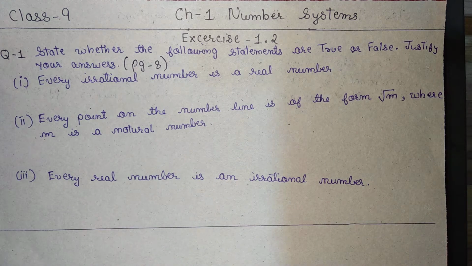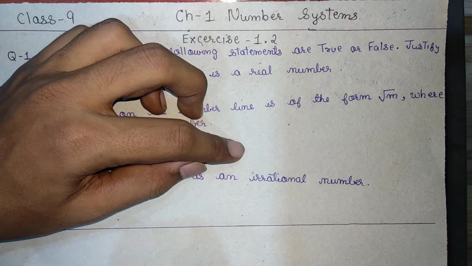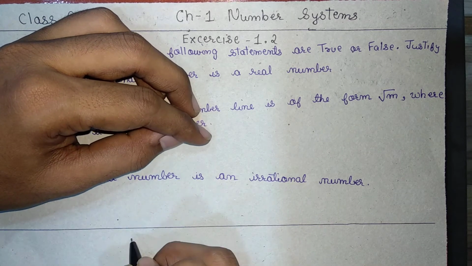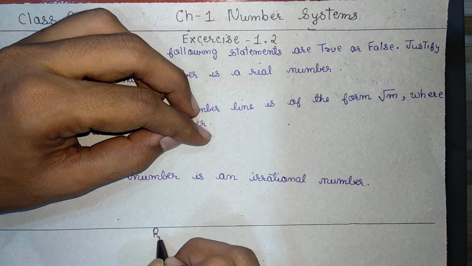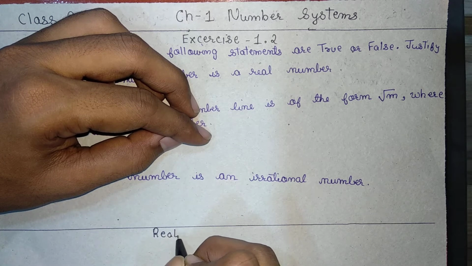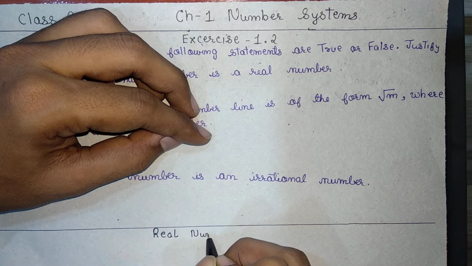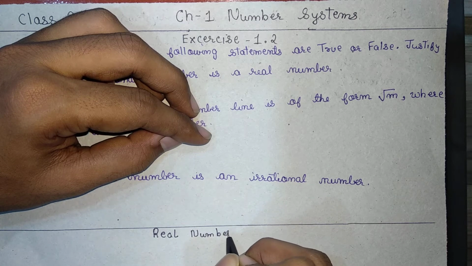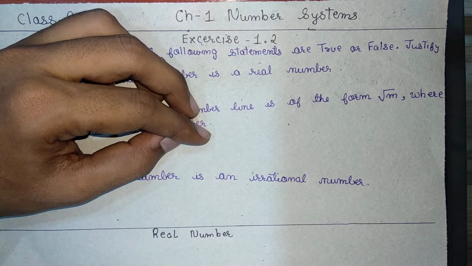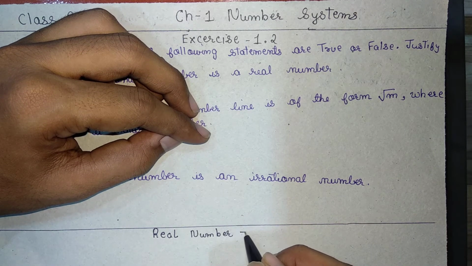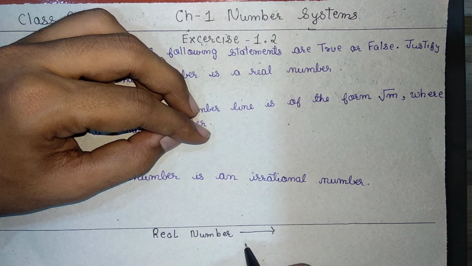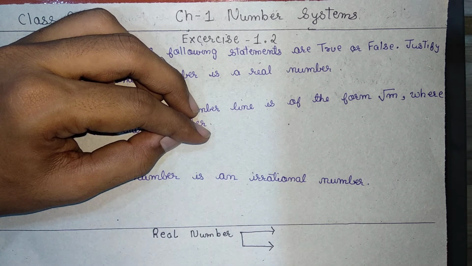Let us write this down. What is a real number? Real numbers mean all the numbers that exist in nature. Real numbers are classified into two types.